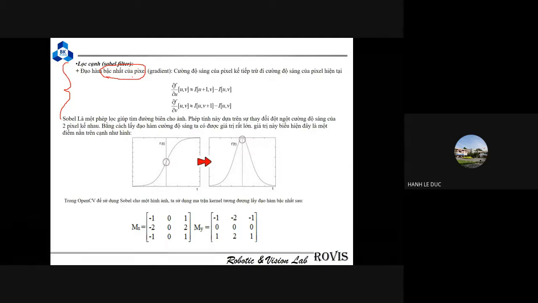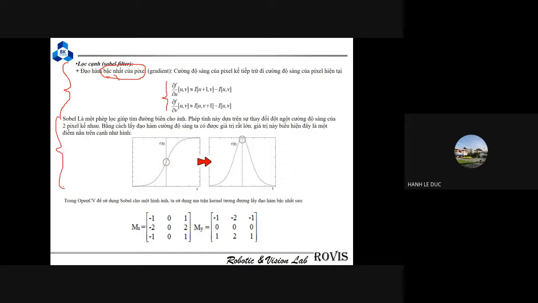Okay, the derivative is the difference or the change between the last and the next, of the past and the future. So for example, here is the equation of the Sobel filter, the first derivative.